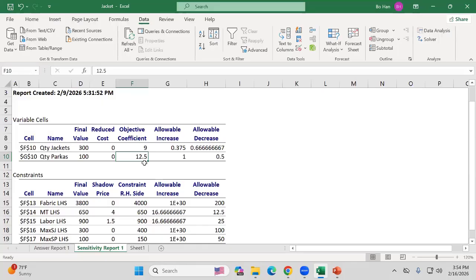But at this moment, you should remember that parameters are the values you should multiply your decision variables. $9 as a profit by selling a jacket, 12.5 as a profit by selling a parka. Those are called objective coefficients. Another name for these two values is parameters. And of course, 300 and 100 are the values we calculate.